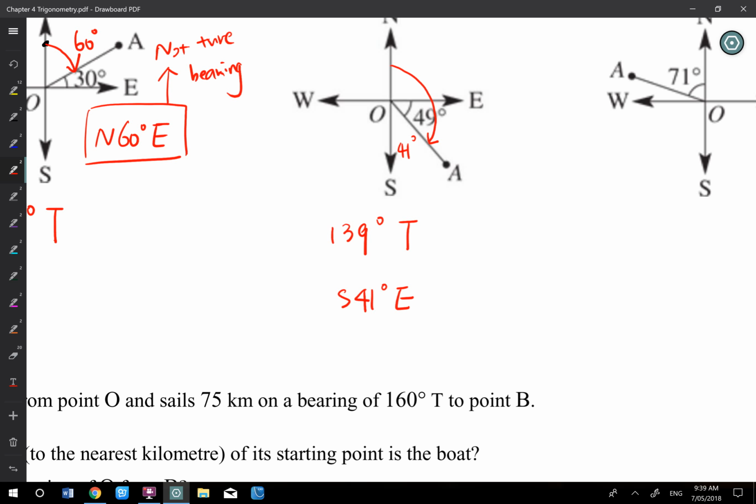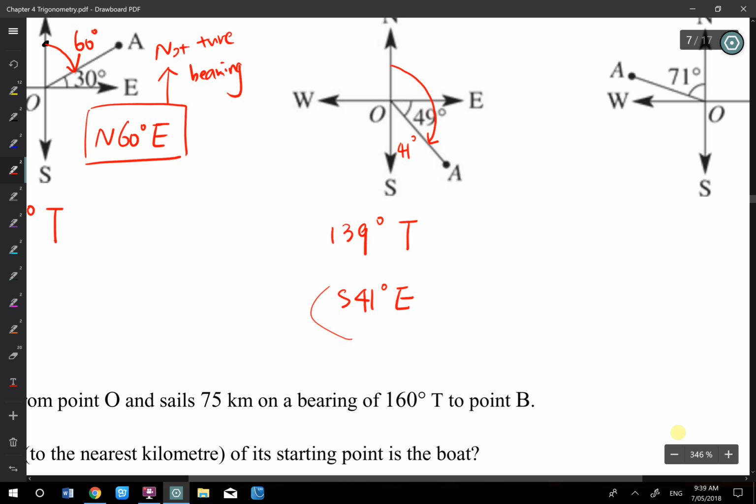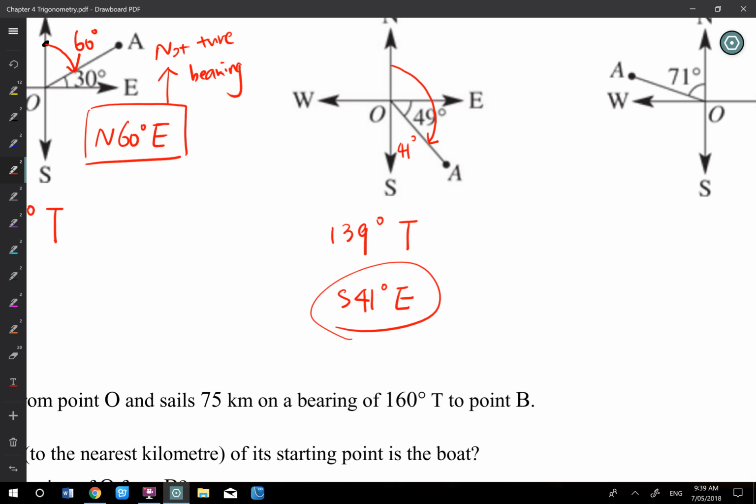That's another way we can do it, but it's not that important for this one. That's just another way we talk about the location, but this exercise is focused on the true bearing. If you can do the true bearing, that's good enough.